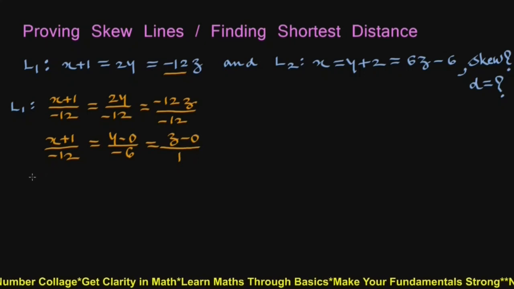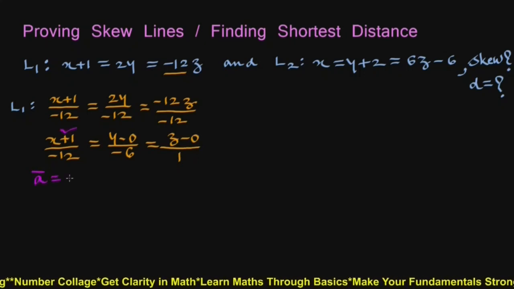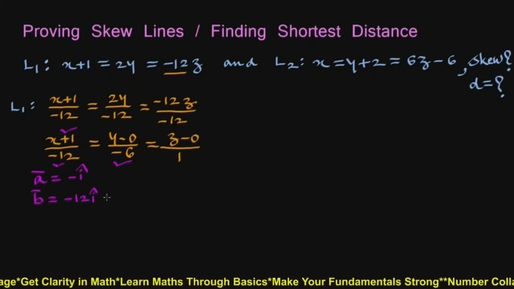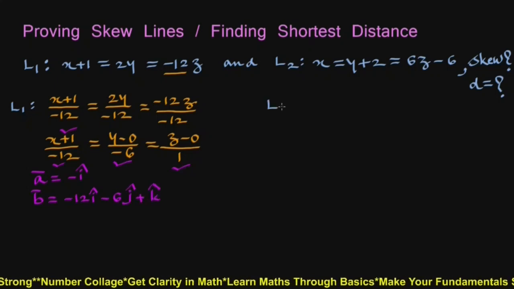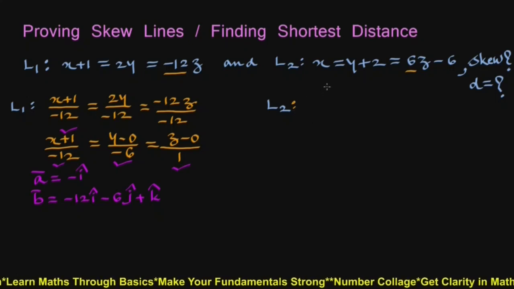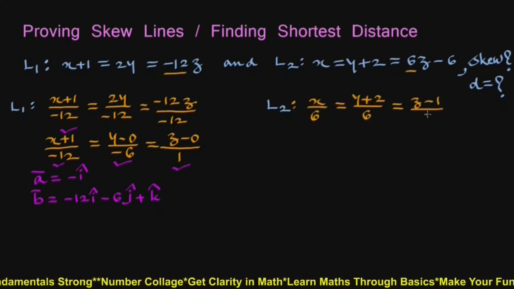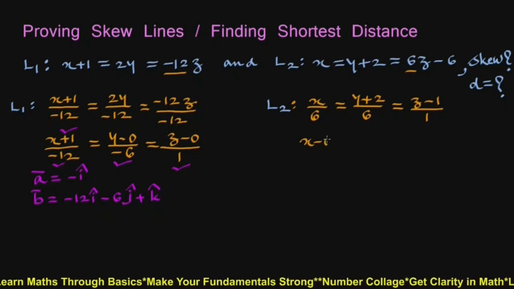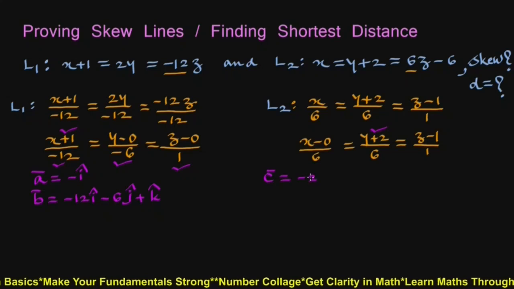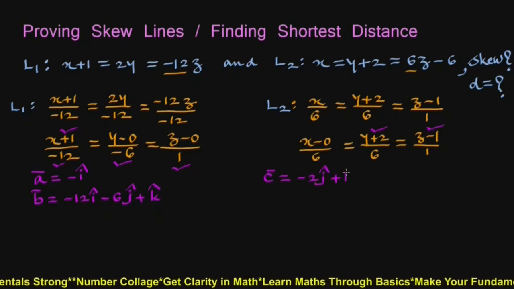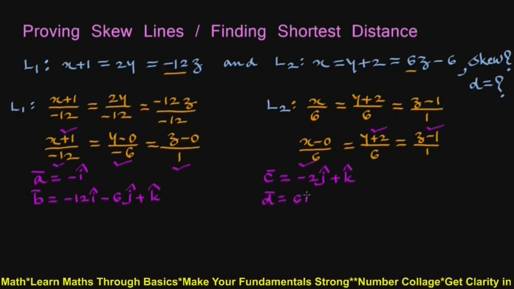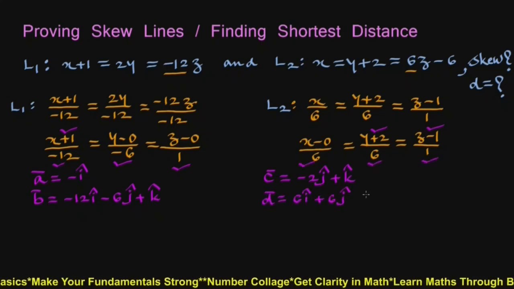So in this case, vector a is −i and b is −12i − 6j + k. L2 can be rewritten by dividing throughout by 6: z − 1 upon 1 equals x − 0 upon 6. So c will be −2j + k, and the parallel vector d will be 6i + 6j + k.